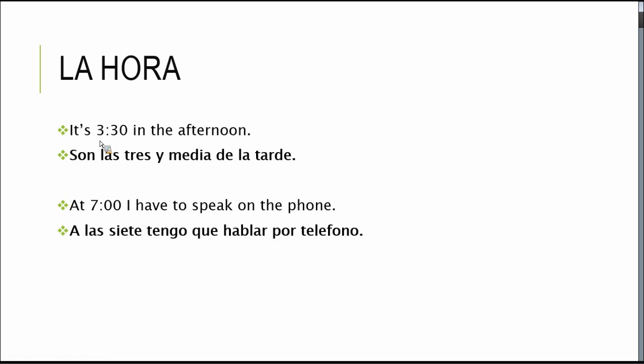Every other number is more than 1, so it's plural in a sense. So that's part of why we're doing that. Any other number other than 1, we're going to use a plural form. So las is plural, as you know now, right? A las 7 tengo que, I have to, we're going to go over tener in a moment here. Tengo que hablar por teléfono.